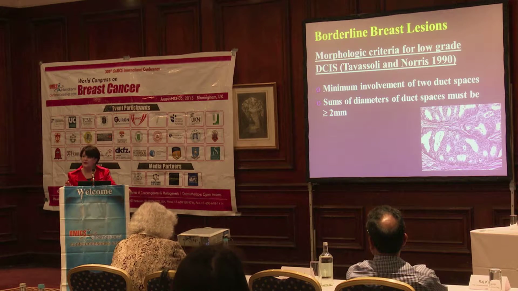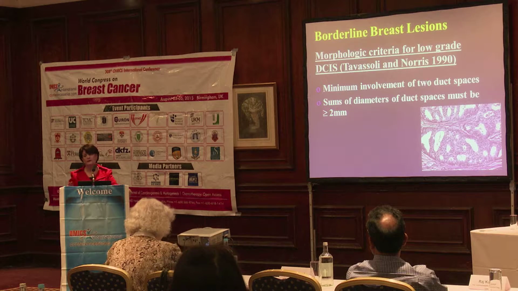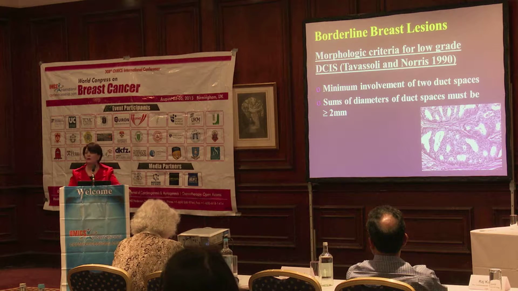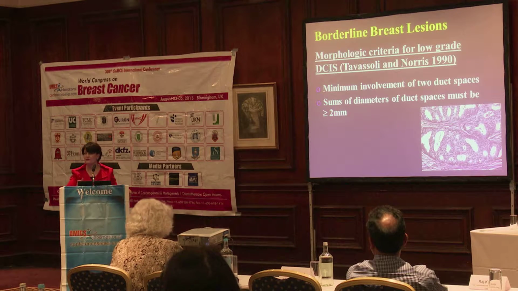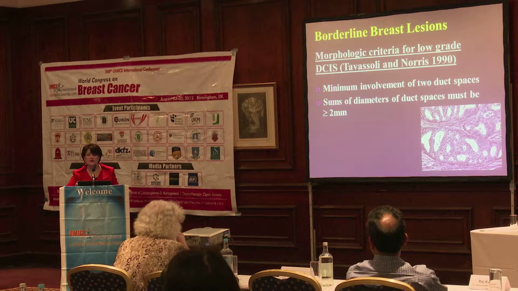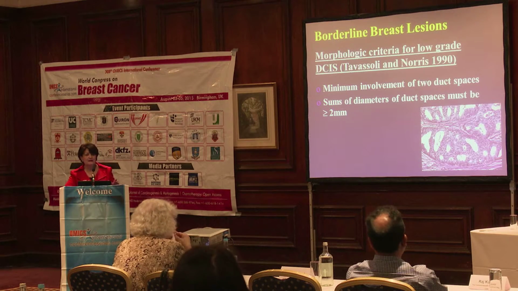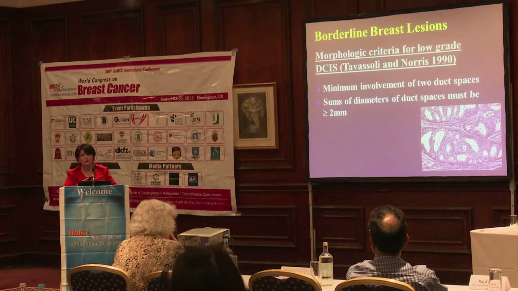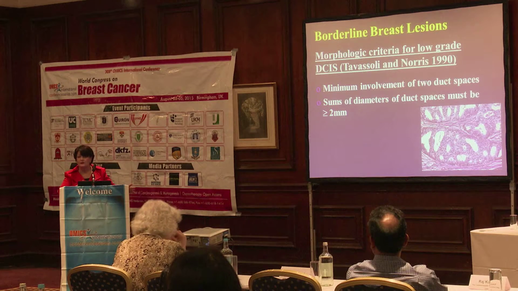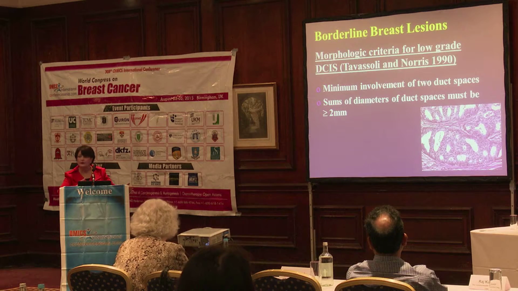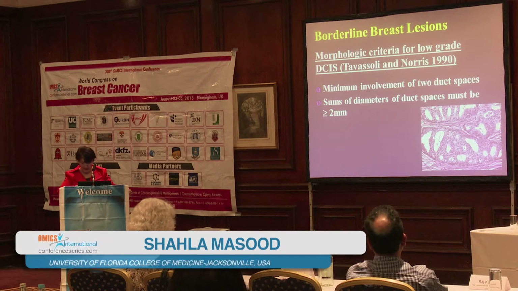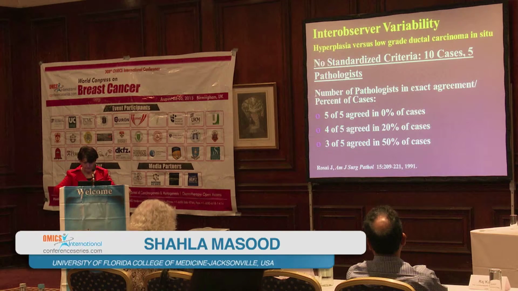And of course, you can understand that the majority of these investigations were done on surgically excised breast biopsies in the past, where pathologists had access to the entire lesion, and these quantitative measures would make a difference. Whereas right now we are making these diagnoses on minimally invasive procedures such as fine needle or core needle biopsy, and it is very difficult to quantitate these and have the same accuracy.